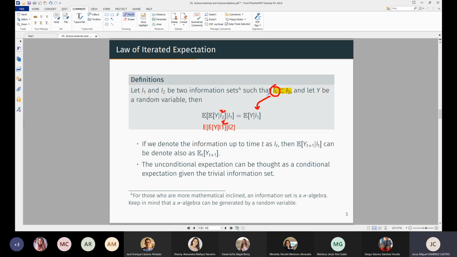What matters is which set of information is the smaller. Was it clear, Milady?